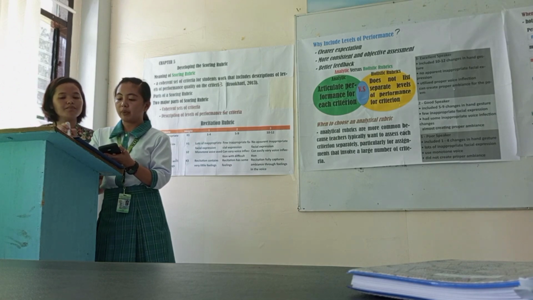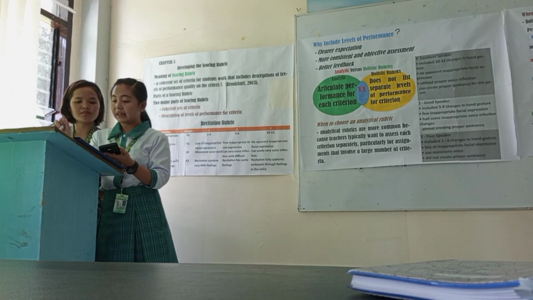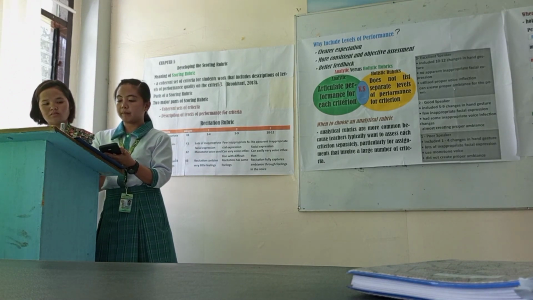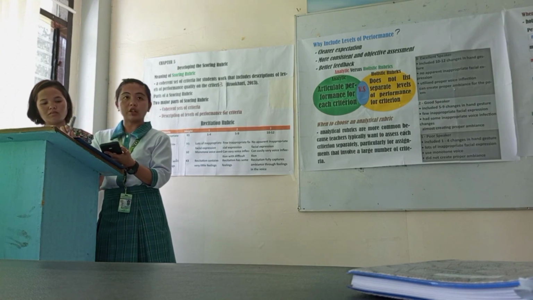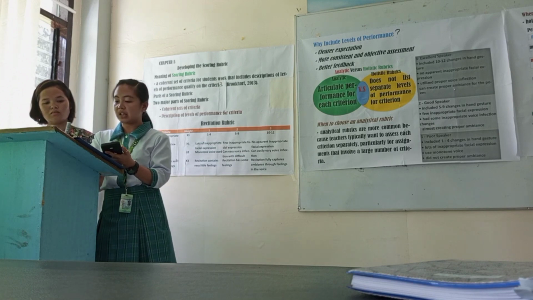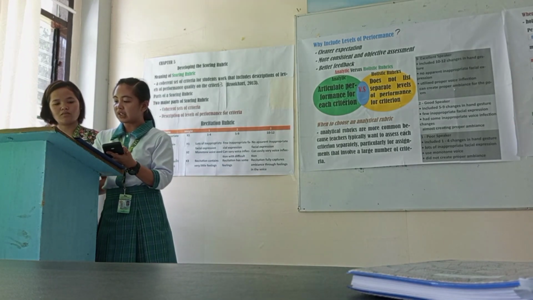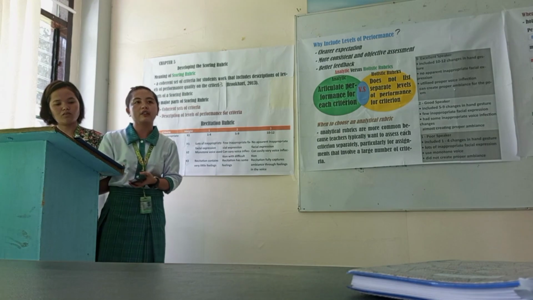In holistic rubric, it is easy to prepare, but not as specific as the analytic rubric, because of the performance descriptor of the holistic rubric. In analytic, we can identify the strengths and weaknesses of the performance of the students depending on the criteria.